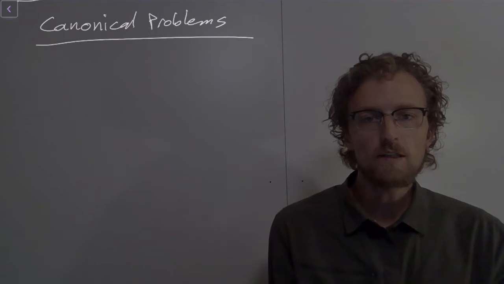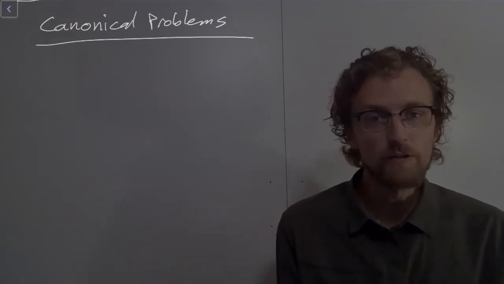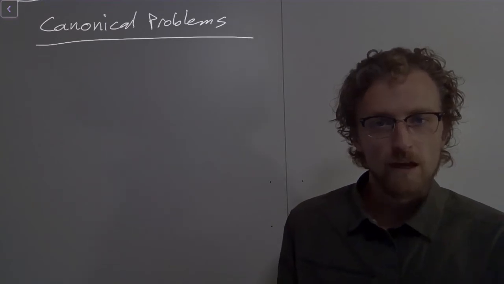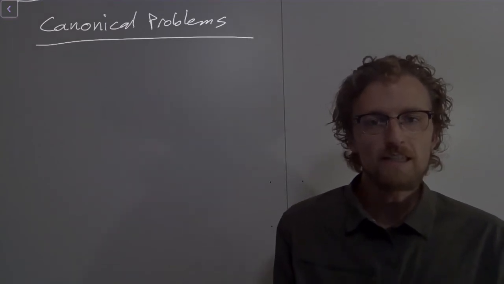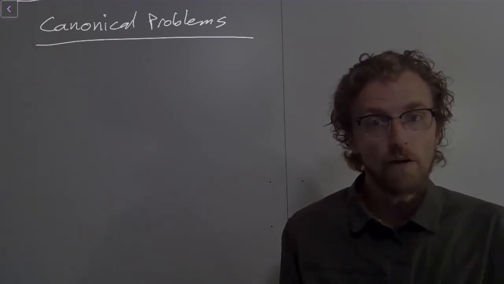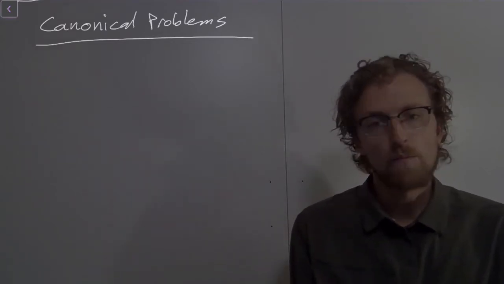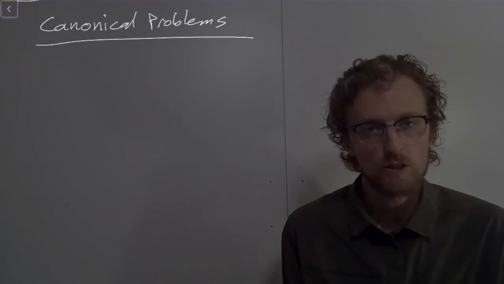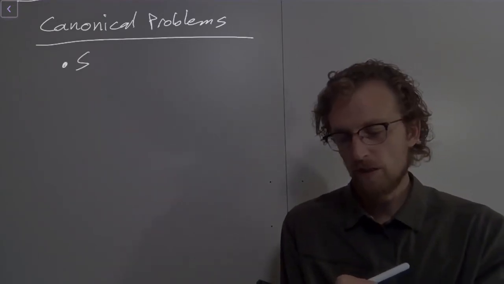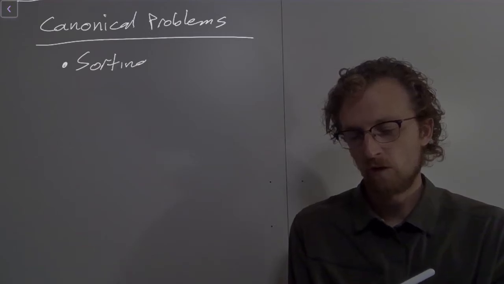Sorting is something where it's likely you'll never actually sit down and write a sorting algorithm, and yet we can gain a huge amount of insight into various kinds of sorting algorithms and other kinds of algorithms as well by understanding the approaches to sorting. So one of our key canonical problems in this class is going to be sorting.